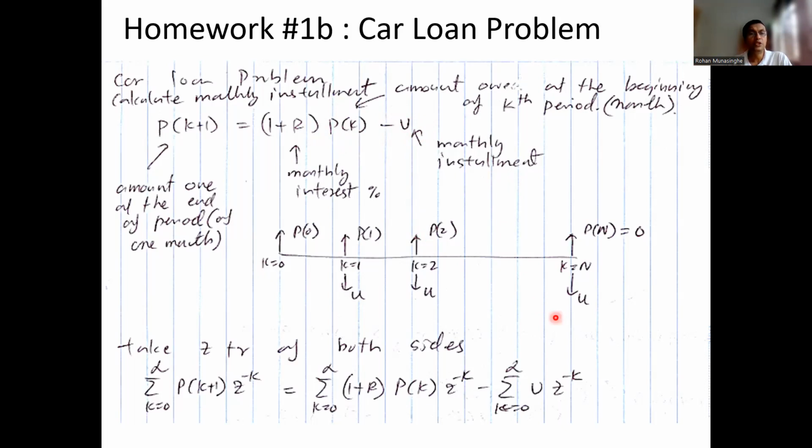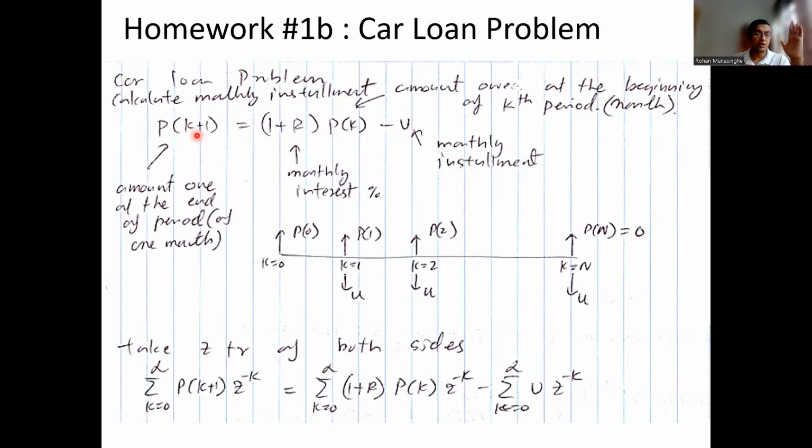So what we do is we transform this equation into Z world. That's over here, the Z transform. Each term here, first term on the left-hand side and right-hand side terms, you have to transform them to Z world. How do you do that? PK plus 1. This is a shift.